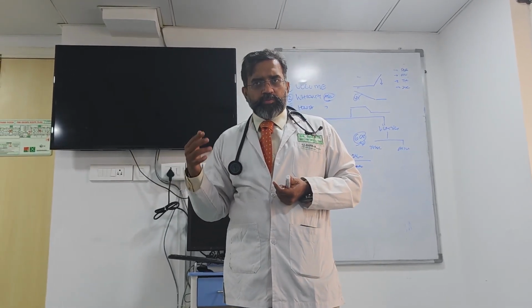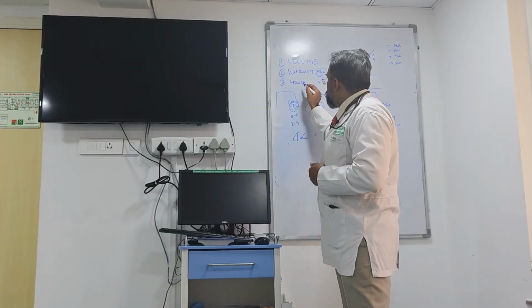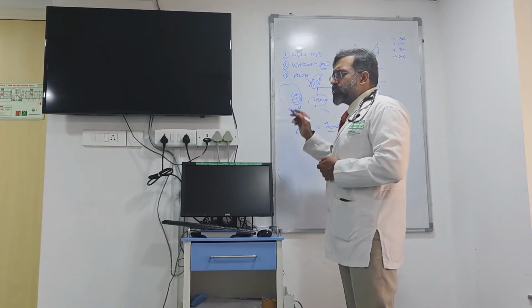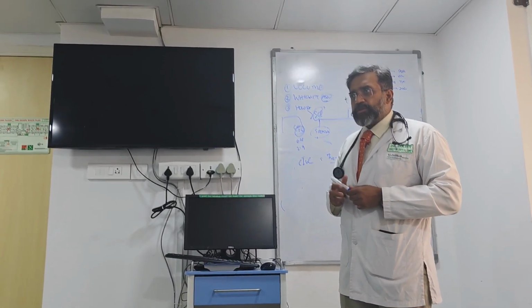But it is not as good a test as compared to PLR. But the problem is 90% of our patients fall in the grey zone. More than 50%, we think the IVC collapsibility index is good. Correct? And that's why you have to measure it.